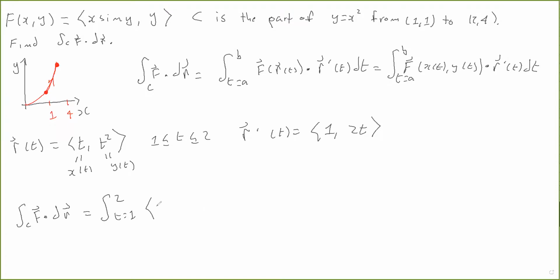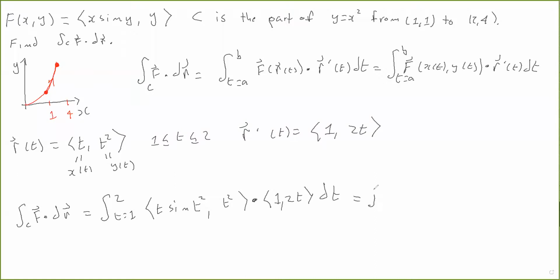So the first component of the vector field becomes t sine t squared, and the second component is going to be t squared. I'm going to dot it with r prime of t, which is (1, 2t) dt.